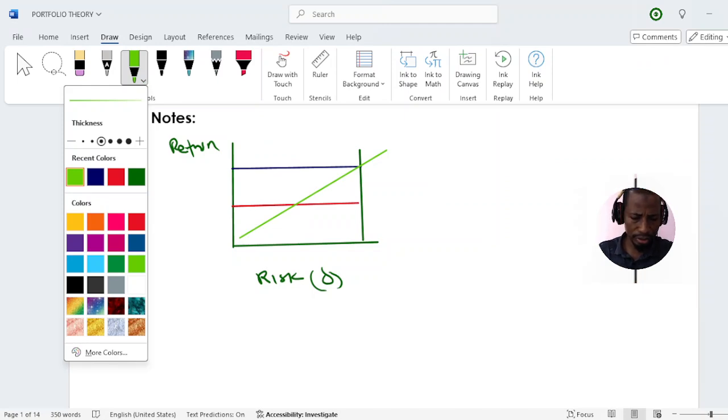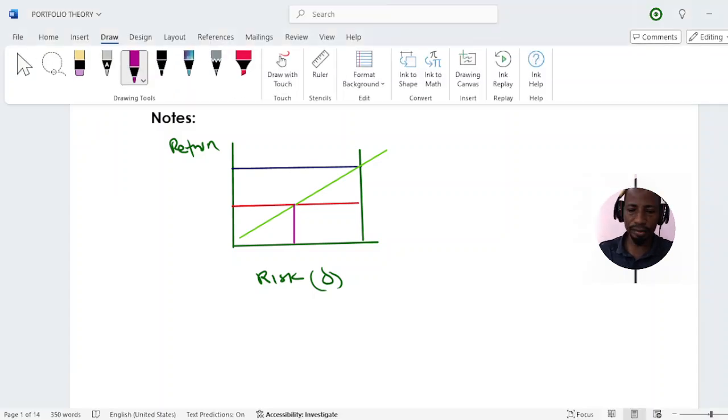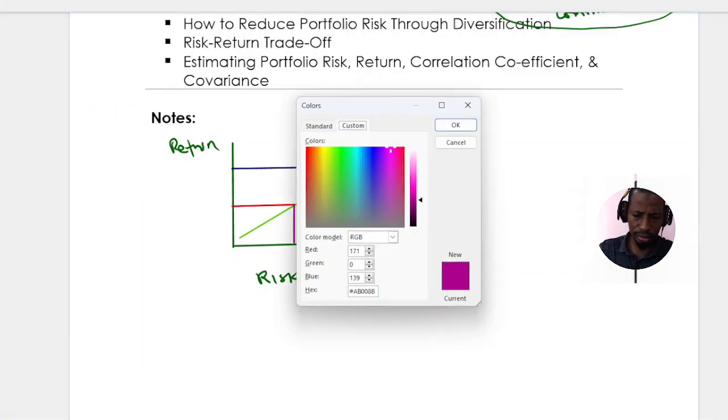I'll use red. Okay, let me use this dark color, pink. All right. Okay then, so back to the normal color that we have, which is deep green.